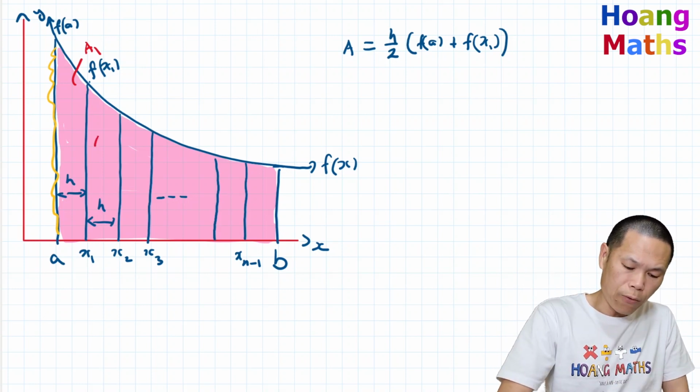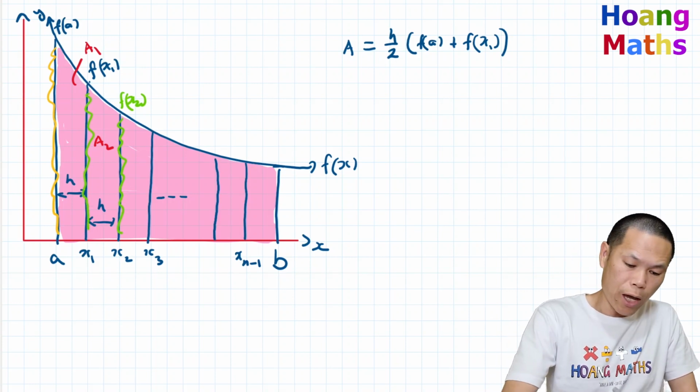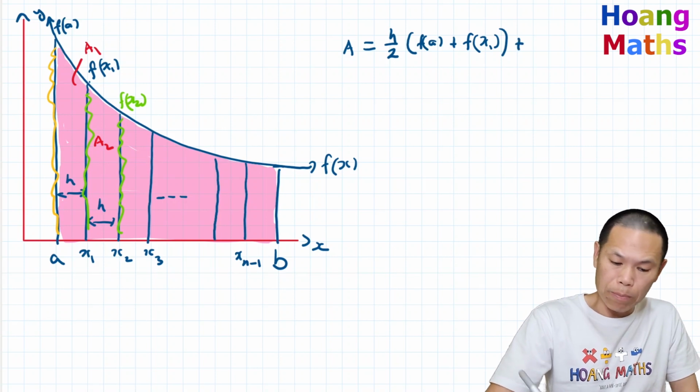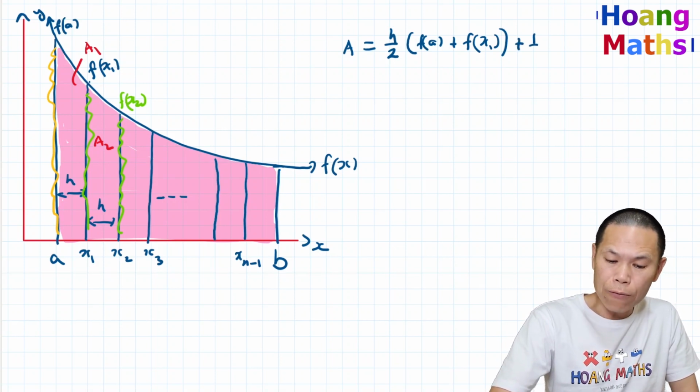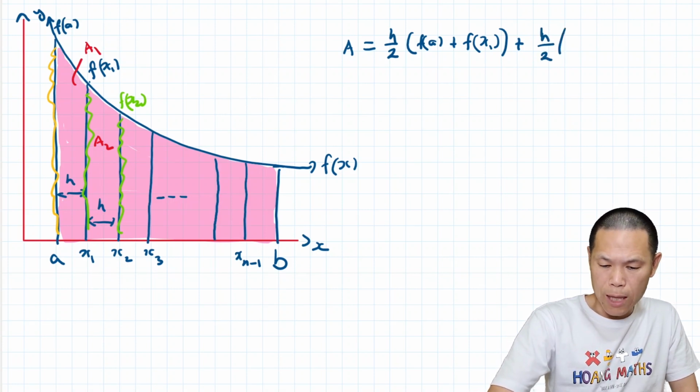To find the area of 2, we know that the length of this must be f of x2, and this is f of x1. So area 2, we add them up. That is a half of h, or h over 2, where h is the width of the strip, times f of x1 plus f of x2.